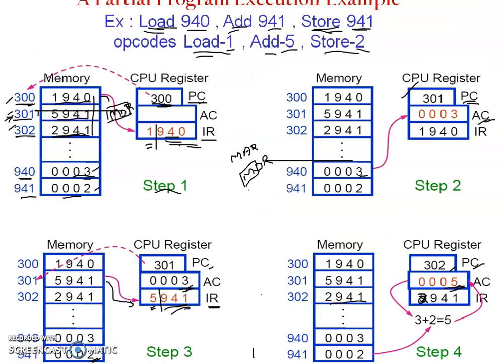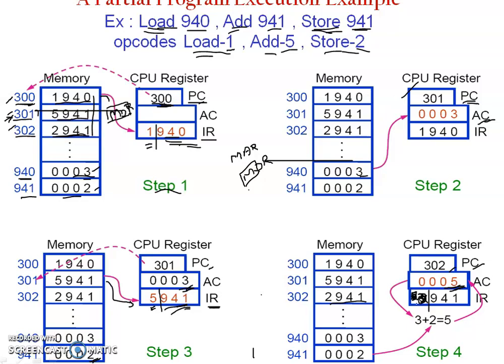Like here, that is step 5. You can make it as step 5, like 5941. So from this it decodes the information. So not 5929.